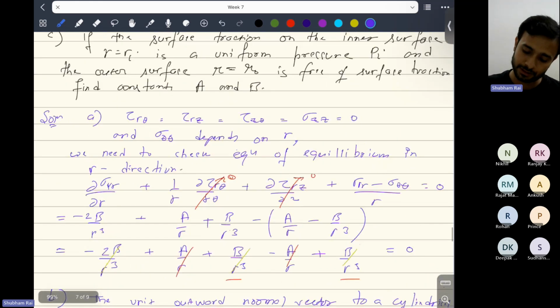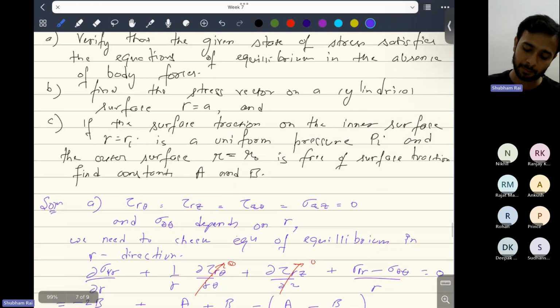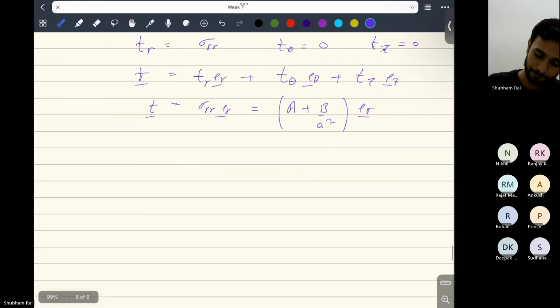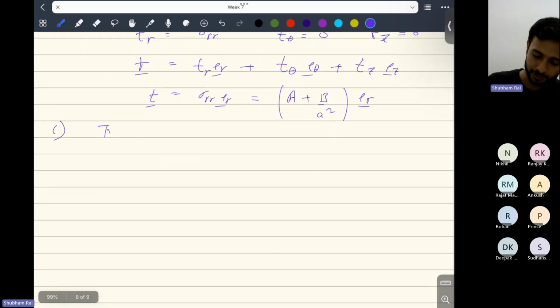Now in part C, you need to find the values of capital A and capital B, where boundary conditions are given to you that at the inner radius you have uniform pressure p_i, and at the outer radius you have zero traction. Okay, so let me just find out.